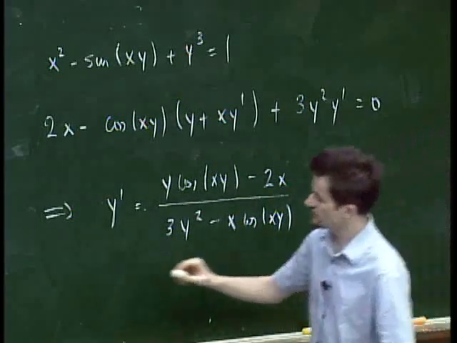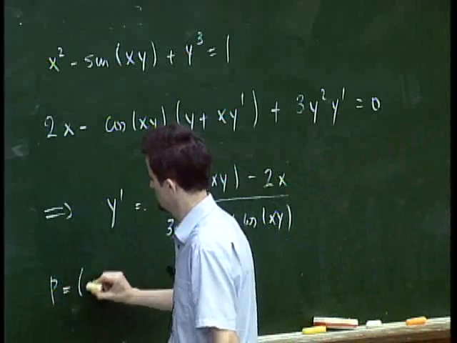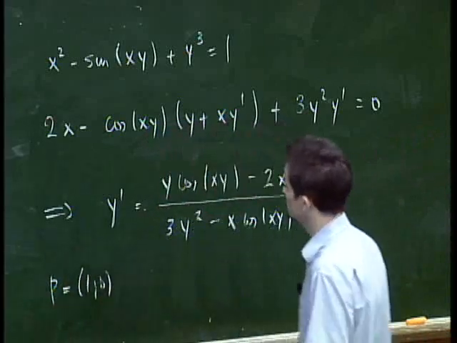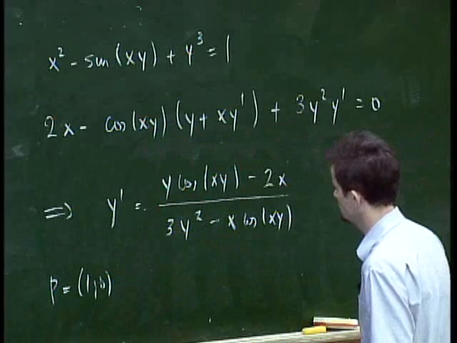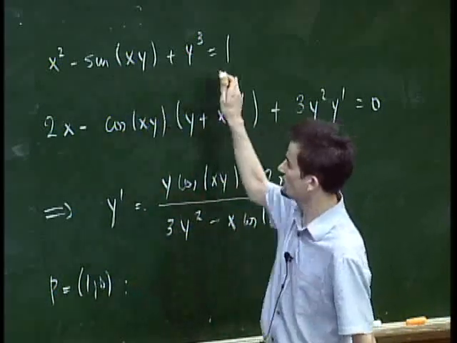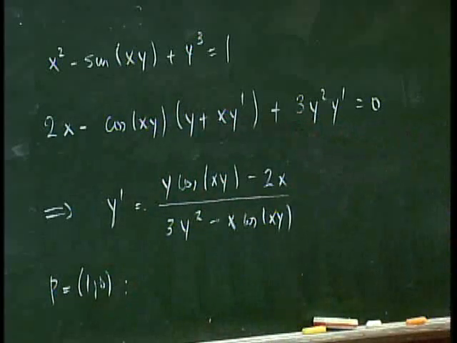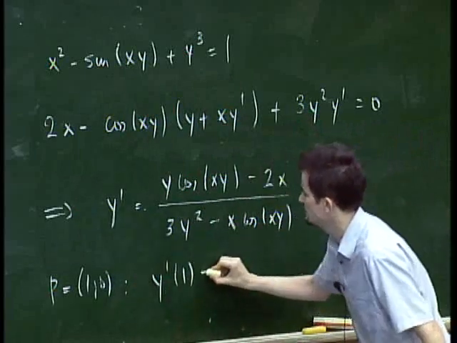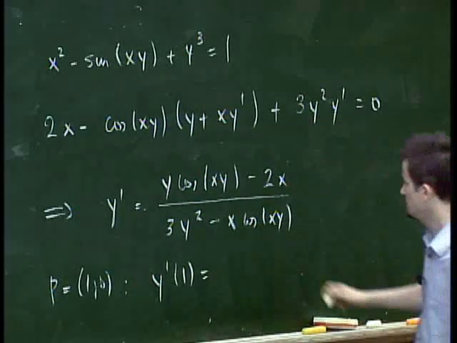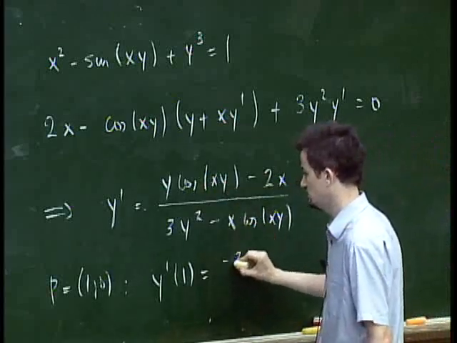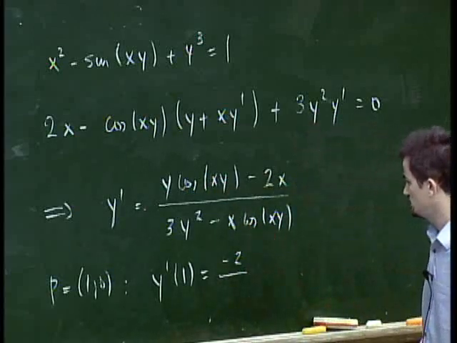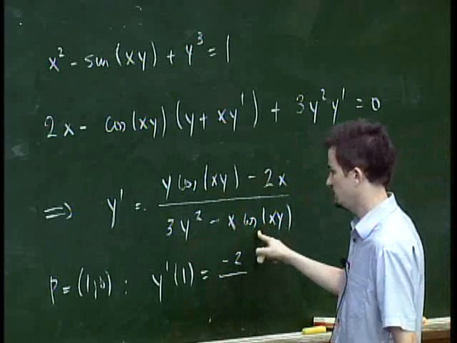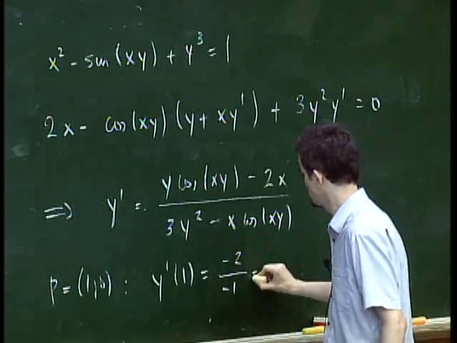Now, again, if we look at the point, this point should lie on this curve here. So you see that the derivative at 1 is equal to, you plug this in here, so this is 0, this is minus 2, over, this is 0, this is 1, so this is minus 1, so it's equal to 2.